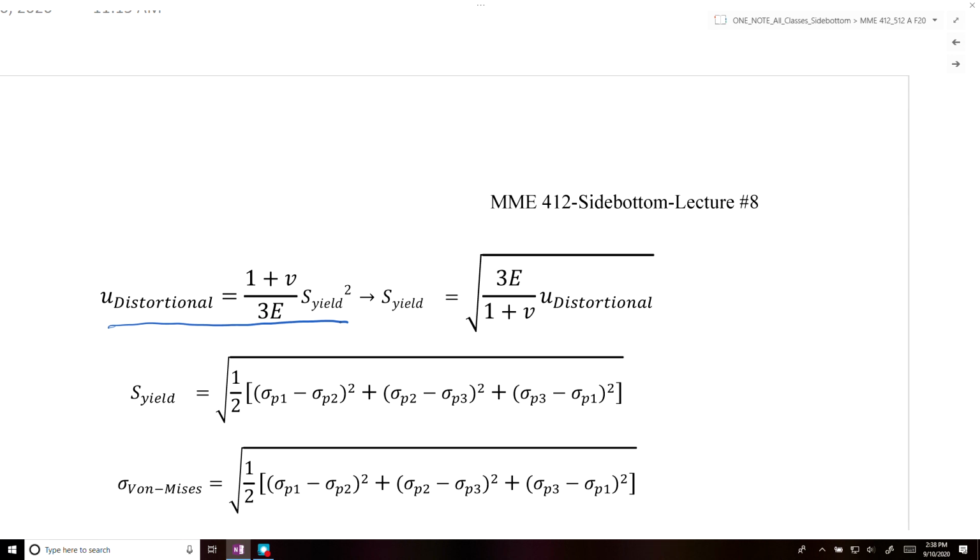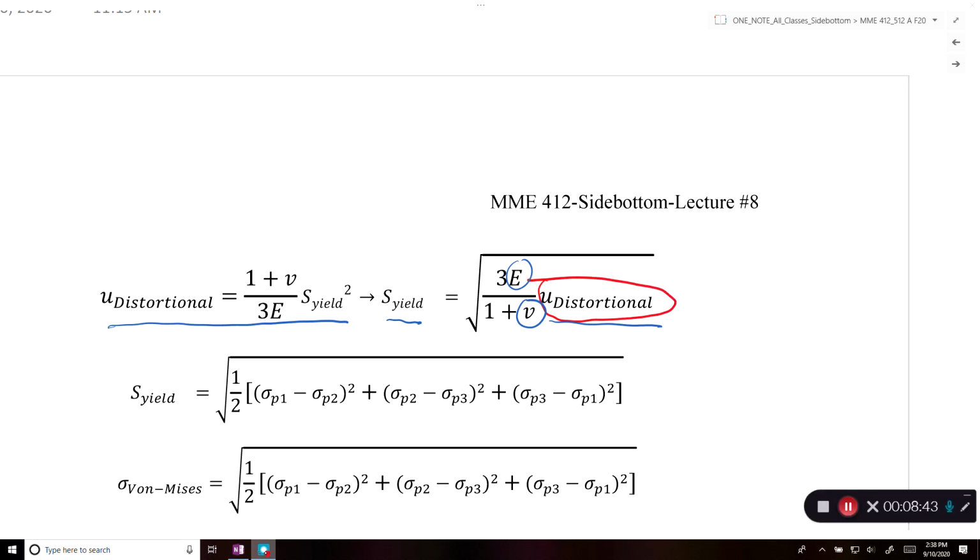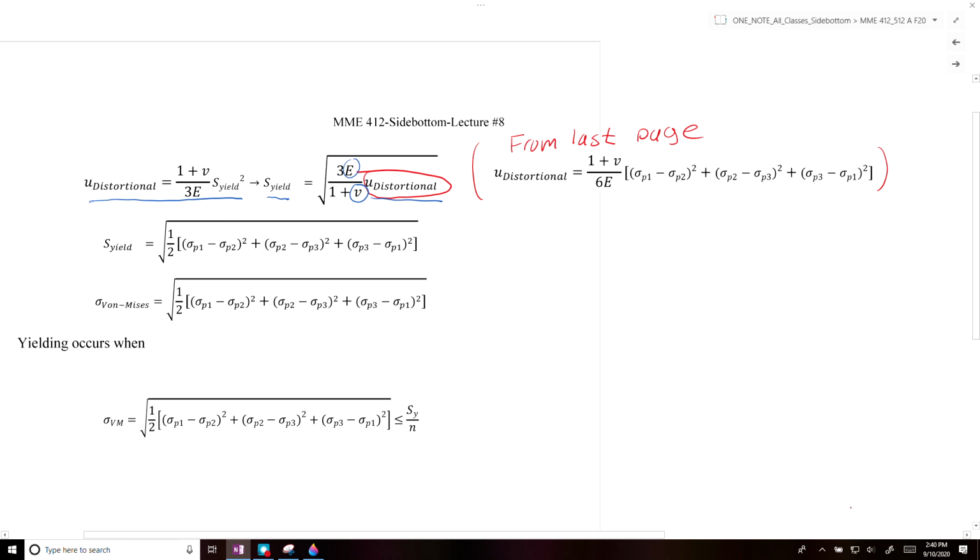Now we're going to solve for the yield strength in terms of the distortional energy, the Young's modulus, and the Poisson's ratio. All we're going to do is plug in our equation for distortional energy from the last page into our equation here, and we'll get that the yield strength is equal to the following equation.